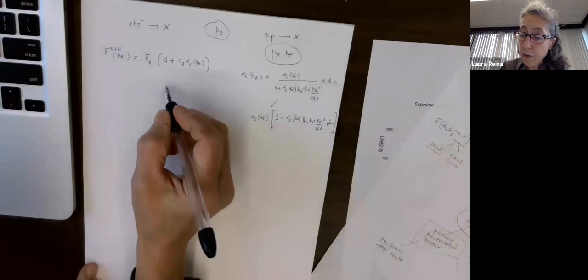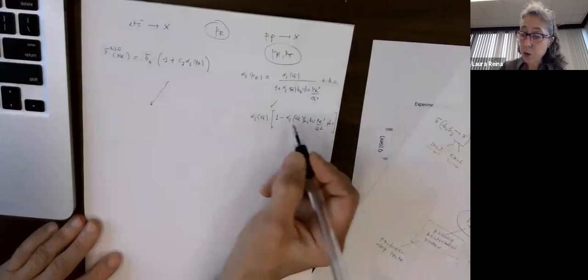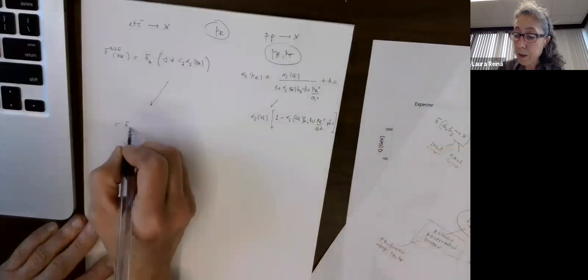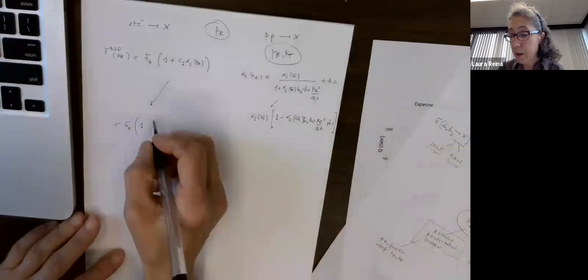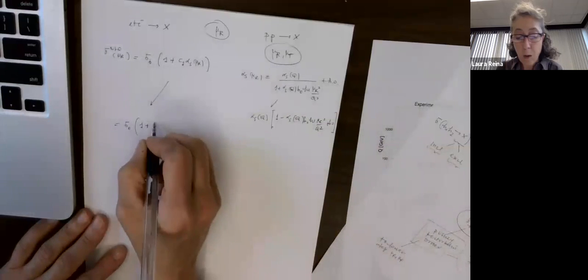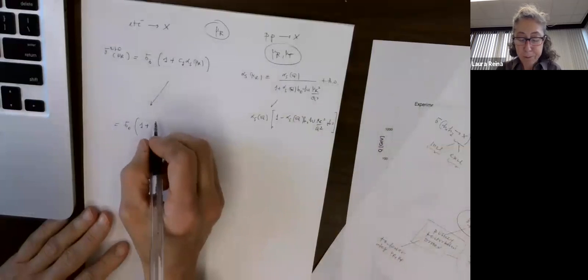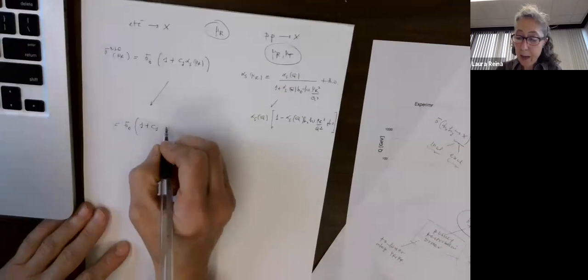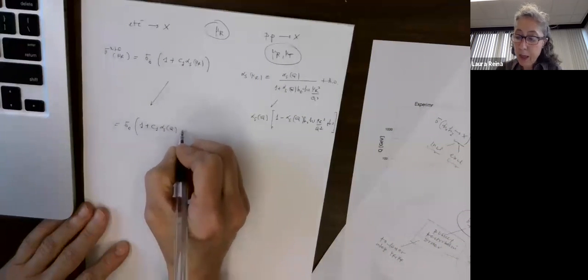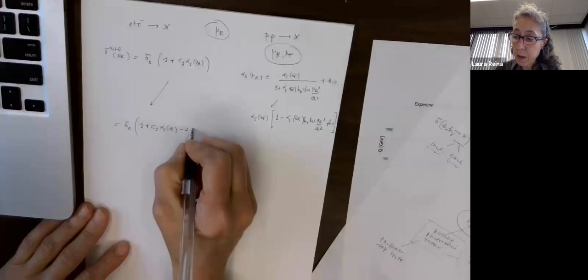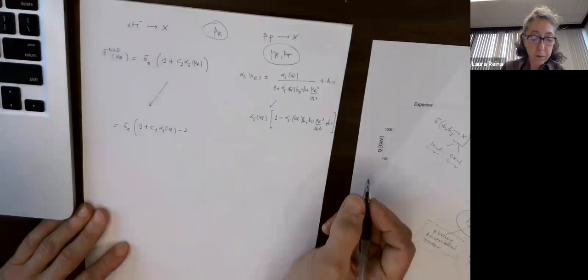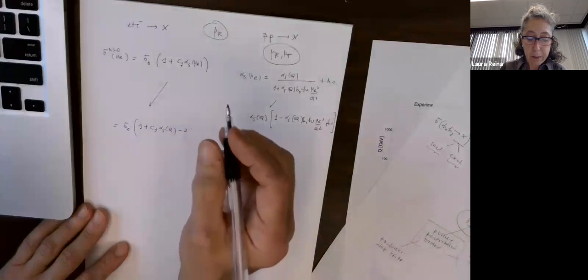And so if I now re-express this process in terms of the new scale, the theoretical expression that I have will now be sigma 0 times 1 plus C1 times alpha s of q, and then I have a minus, sorry, not minus 2, minus 1, sorry.